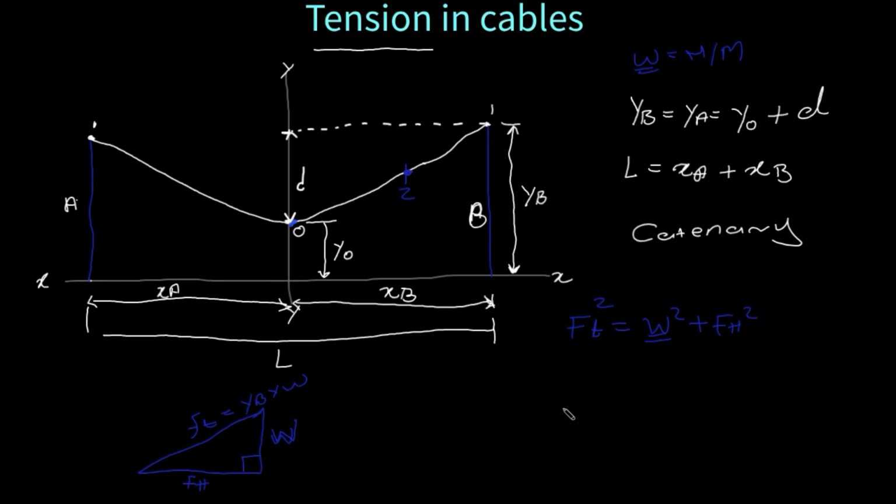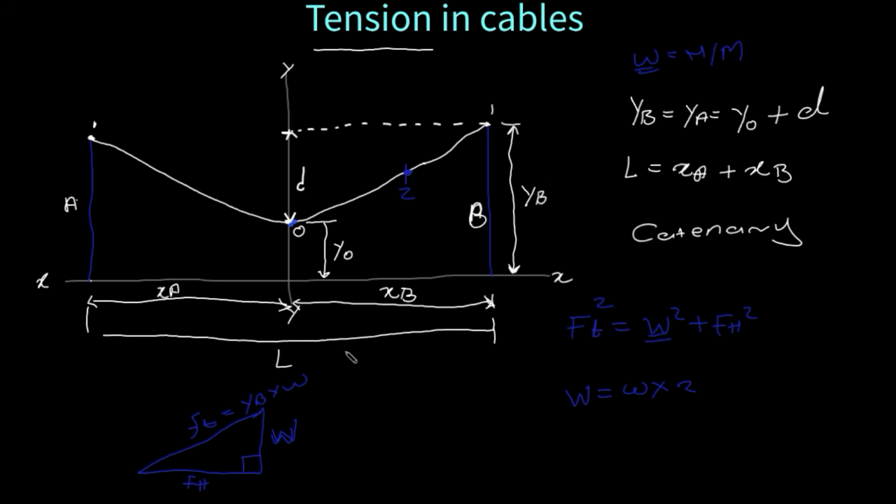So if you want to get this W, which is the capital letter W, you are going to say it is equal to w, which is the small letter w, times the length of the cable. In this case, it will be from O to Z. Let's say it's 2. That's how we are going to get it.